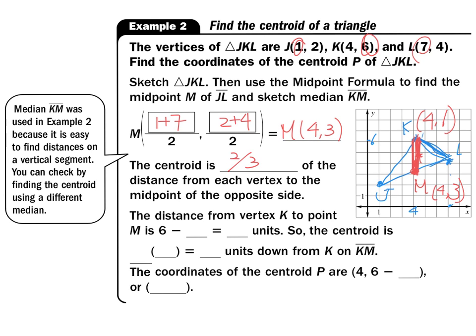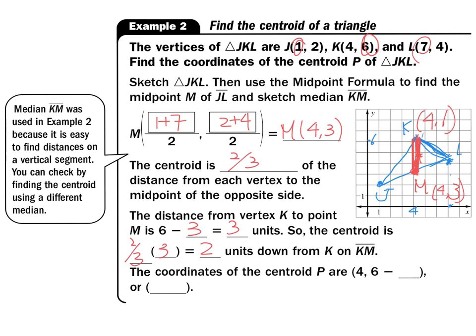So to calculate the distance is really just 6 minus 3, which should be 3 units. So then if I take 2/3 of that, I should have my final answer as 2 units down from K to KM.